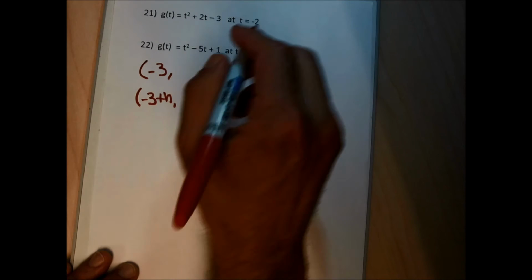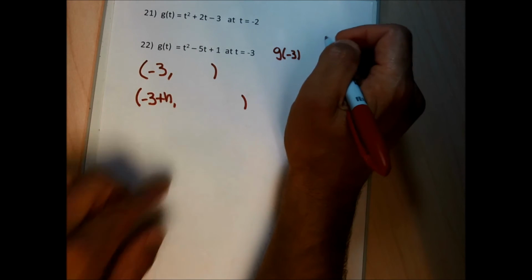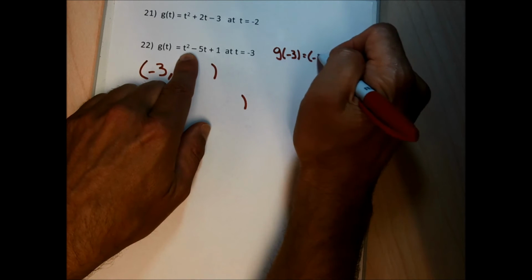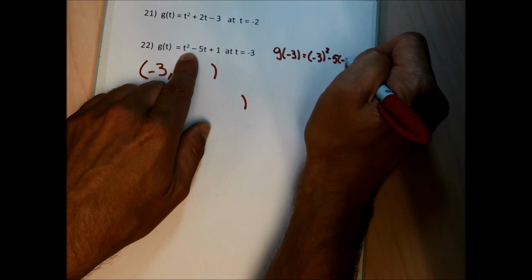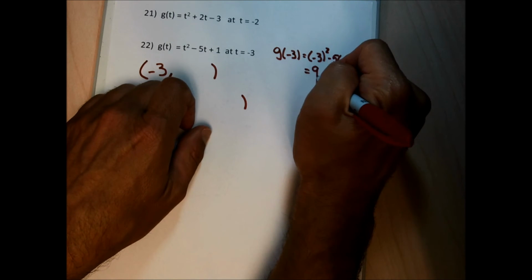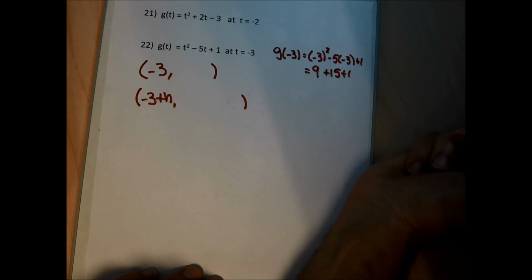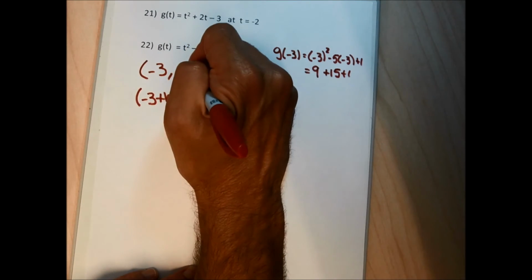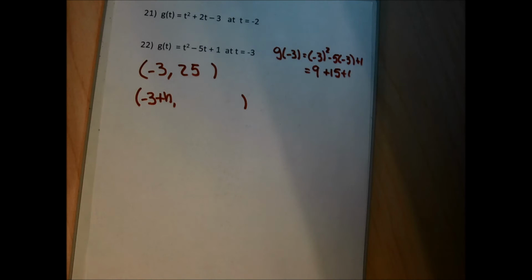For the first point, I get its y value by going g of -3. g of -3 is -3 squared minus 5 times -3 plus 1. That's 9 plus 15 plus 1, which is 25. So when I do this on my calculator, I'm going to have to get my y's really big, at least up to 25, to see what I need to see.